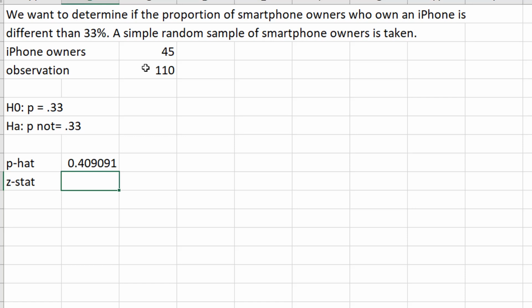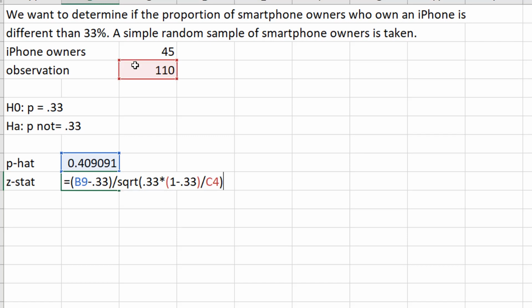Now the z-stat is calculated as the p hat minus the null proportion, 0.33, divided by the square root, SQRT, of 0.33 times 1 minus 0.33, divided by the sample size of 110.